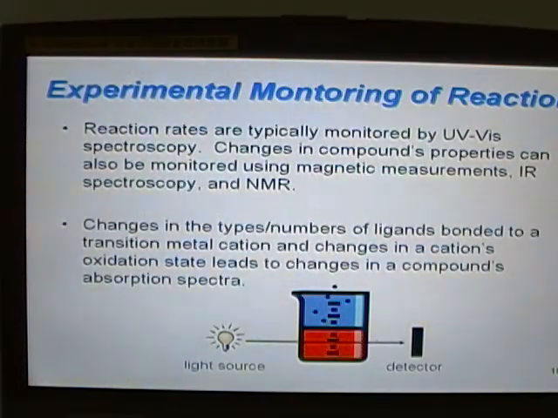The bonding in a compound can affect its absorption spectra, and that's what we look at with UV-vis spectroscopy. If you have a change in coordination number or types of ligands bonded to a transition metal cation, there will be changes in the color of the compound as well.